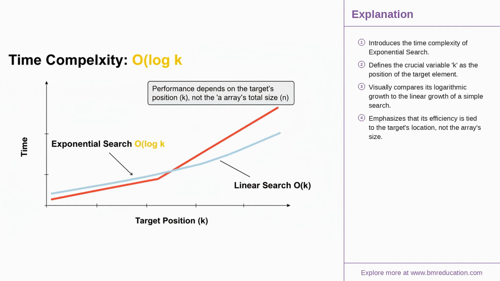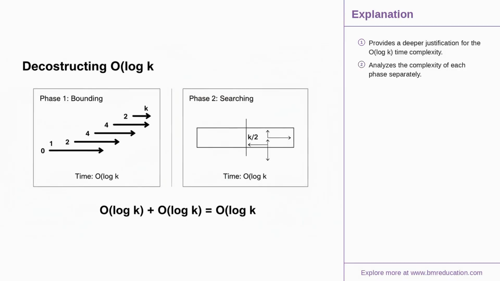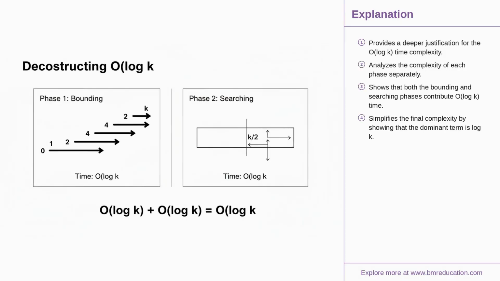This is incredibly efficient, especially when k is small compared to the total size of the array. Let's quickly break down where O(log k) comes from. The bounding phase involves doubling our index I until it surpasses k. This takes about log k steps. The second phase, binary search, runs on a range of size k over 2, which also takes O(log k) time.